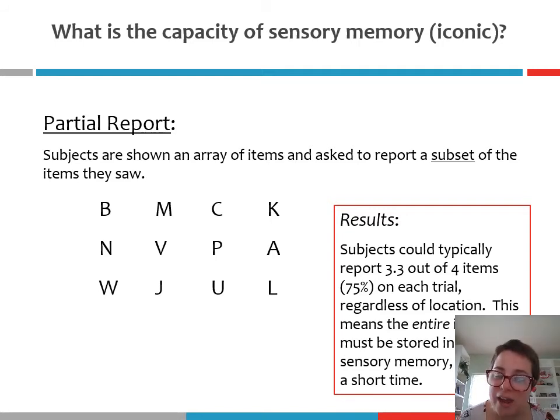So if they had a very limited storage capacity in sensory memory, right, if they could only remember 38% of the array because that's all they had stored, then they should have difficulty across all of the rows, regardless of location, right? They should have a very limited pool in their memories as far as what the array was. But they could report any of the rows regardless of location.